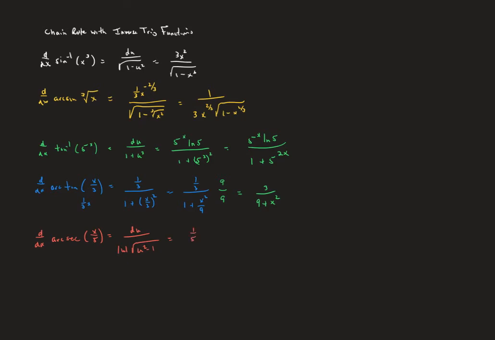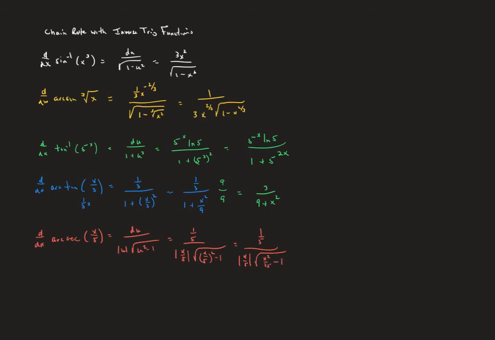So again, du is going to be 1/5. We're going to get the absolute value of x over 5, the square root of x over 5 squared minus 1. So that's going to be our 1/5. We've got the absolute value of x over 5. We've got the square root of x squared over 25 minus 1.